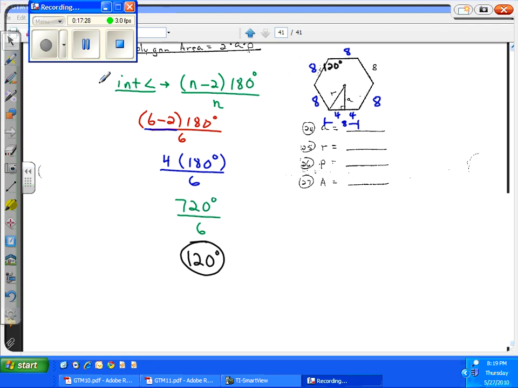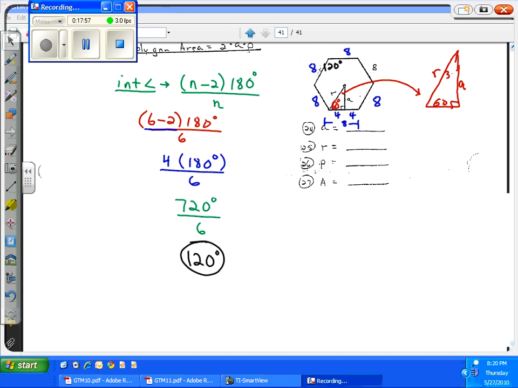Now we know that a radius bisects an interior angle, and half of 120 is 60, so that's a 60-degree angle right there. So we're going to extract that right triangle. We've got the apothem, we've got the radius.